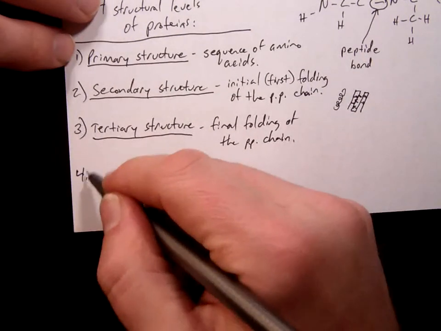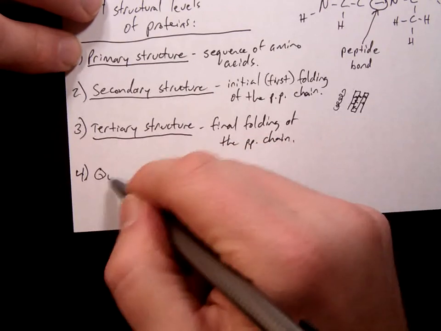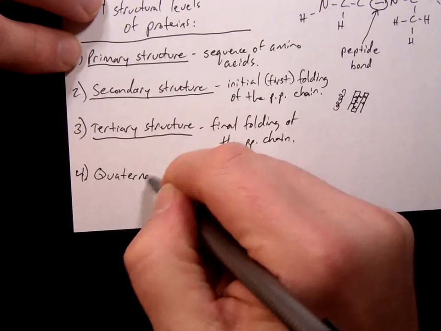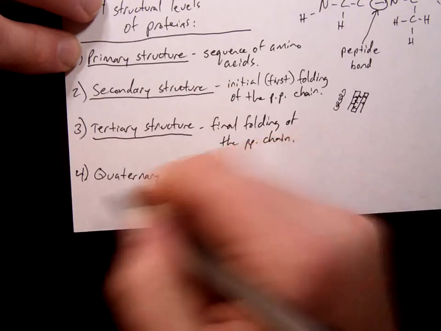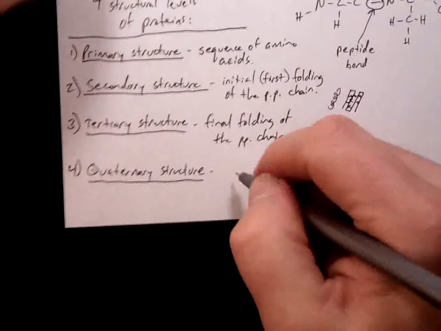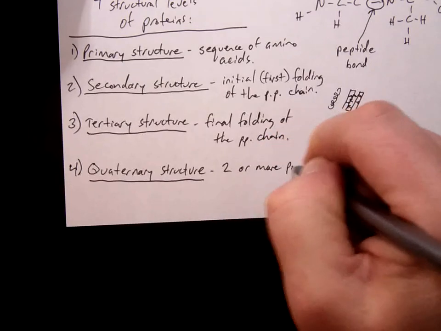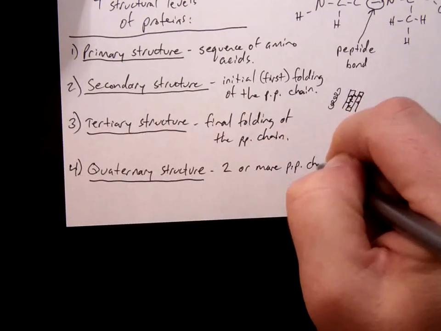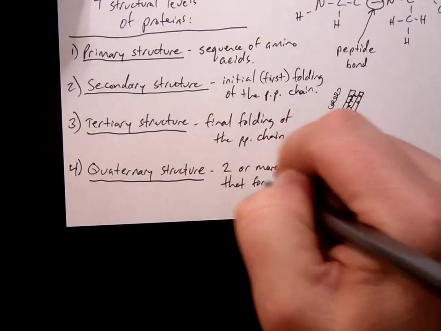If you end up with this last structure, it is called the quaternary structure, where you have 2 or more polypeptide chains that form together.